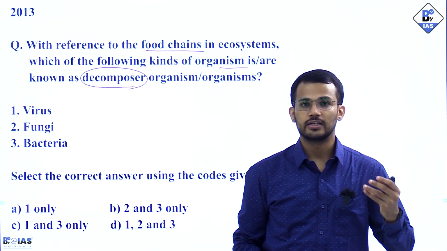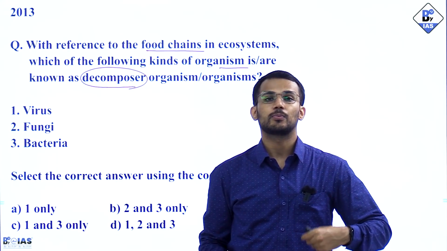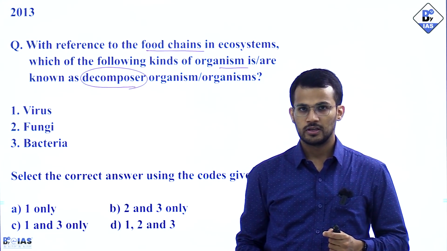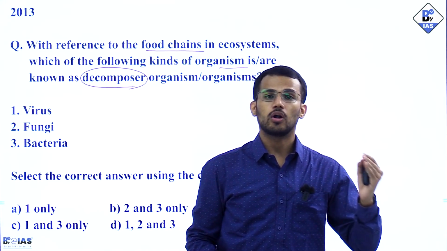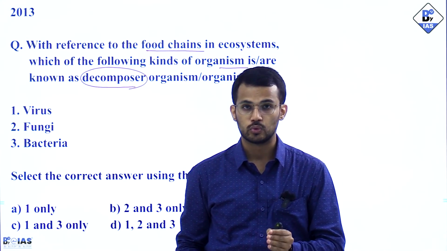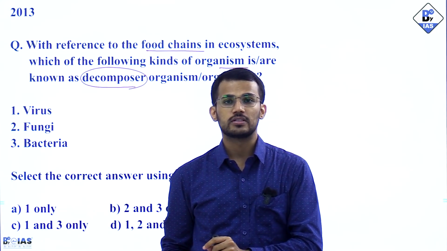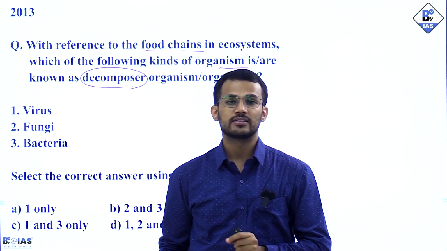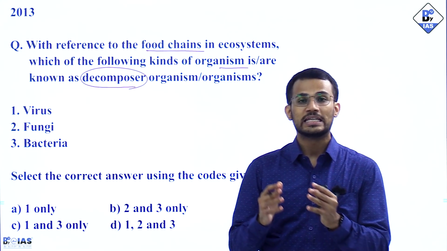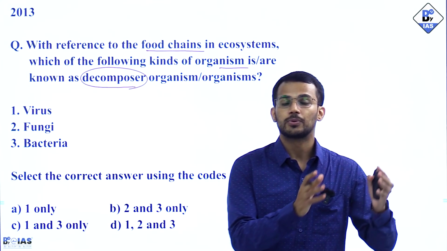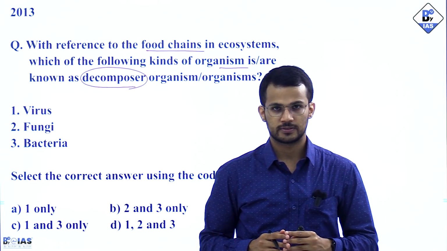Producers are the organisms which can produce their own food, like plant species. Consumers depend on producers for their food, and decomposers are those organisms which derive their energy from dead or decaying matter of producers and consumers.